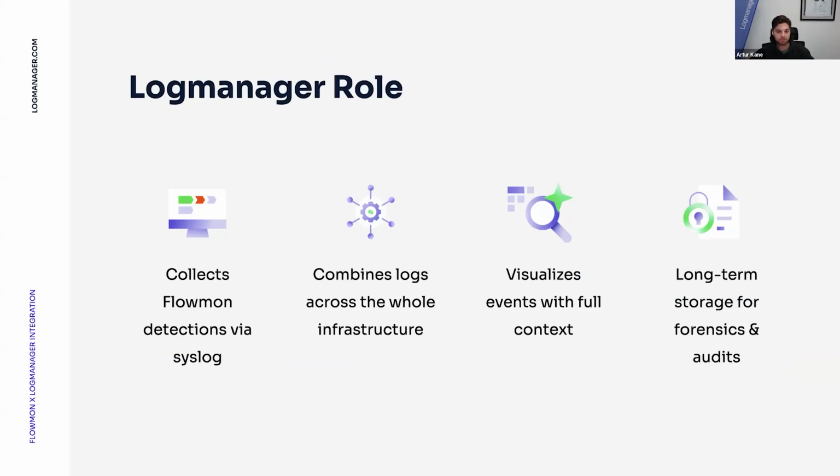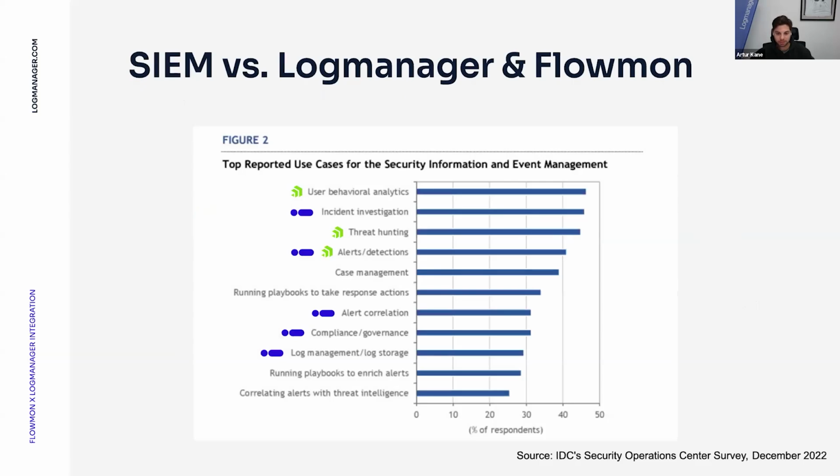We combine the logs across the whole infrastructure to see not only networking data, but also application logs, server logs, on-premise, in the cloud, and we visualize them with the full context and store them for a long time so that you can actually do both: analyze incidents back in time, but also comply with legislation like NIS2, which for critical subjects requires this type of data to be stored for extensive periods of time. And you may ask, why not deploy a SIEM system and achieve these critical capabilities?